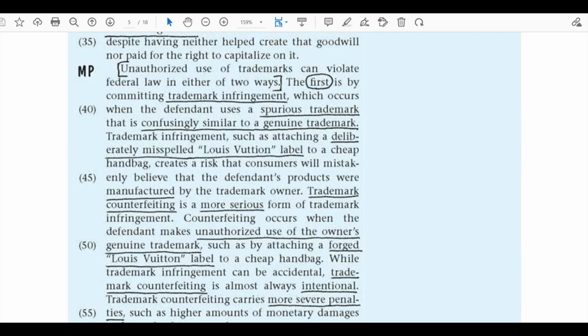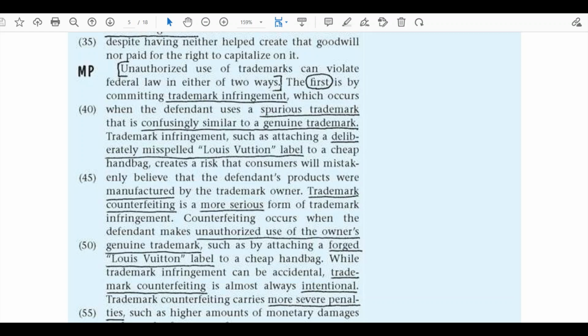Trademark infringement, such as attaching a deliberately misspelled Louis Vuitton label to a cheap handbag, creates a risk that consumers will mistakenly believe that the defendant's products were manufactured by the trademark owner.